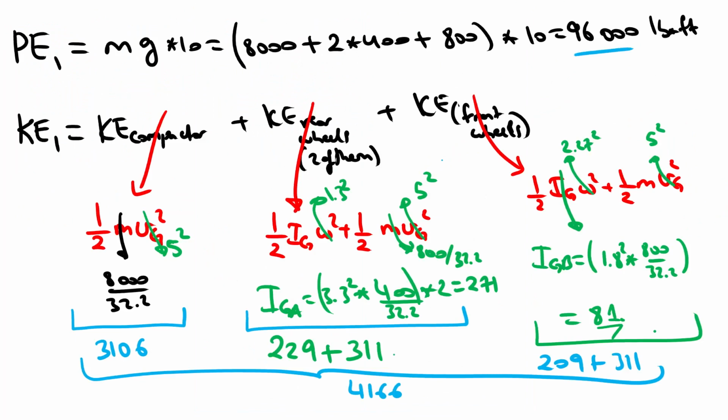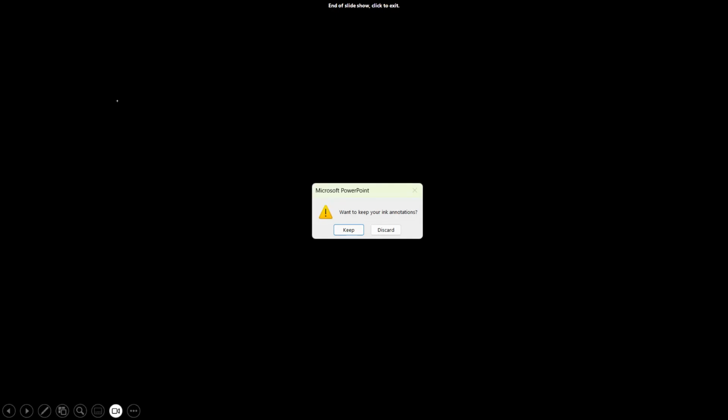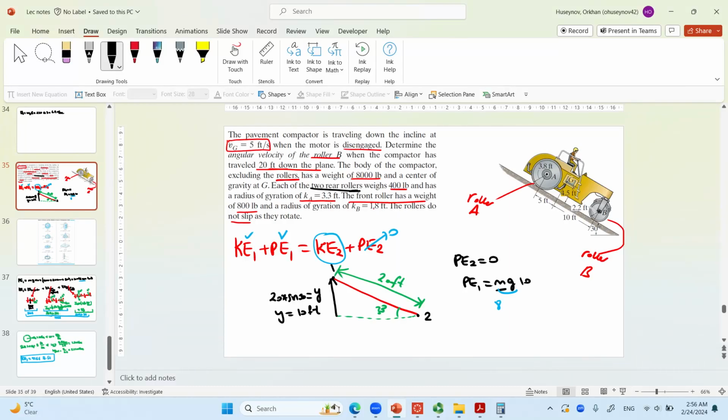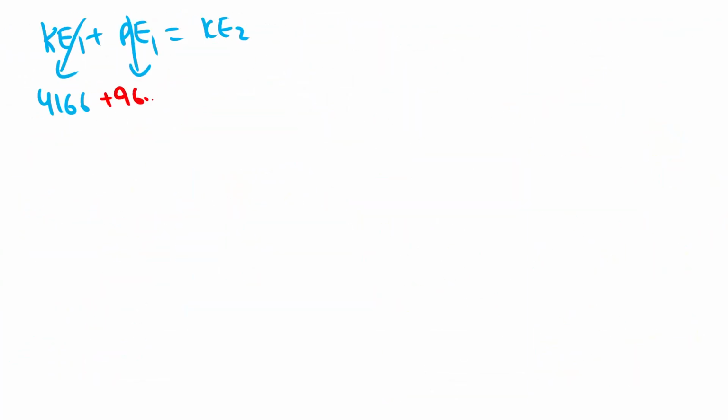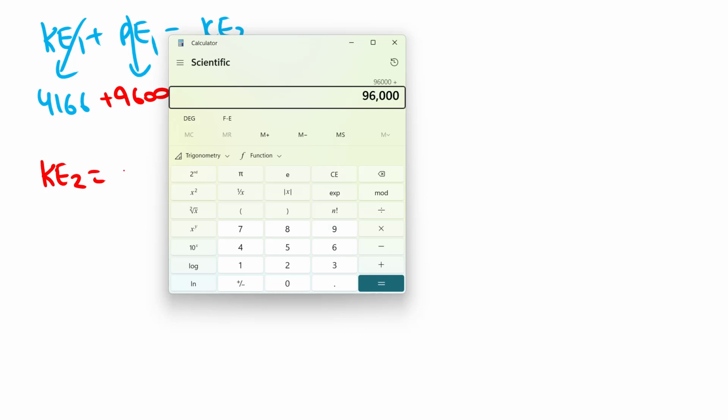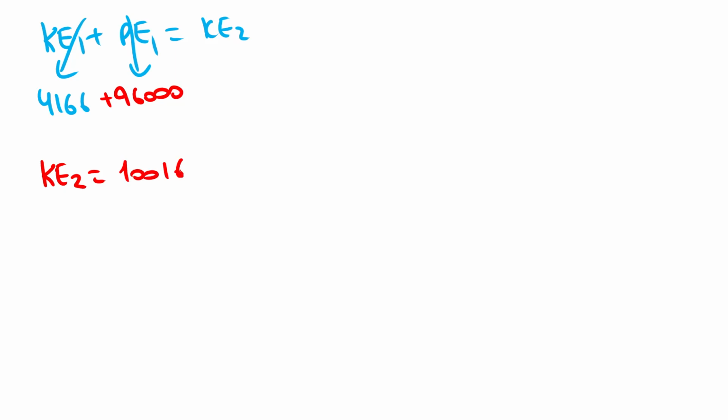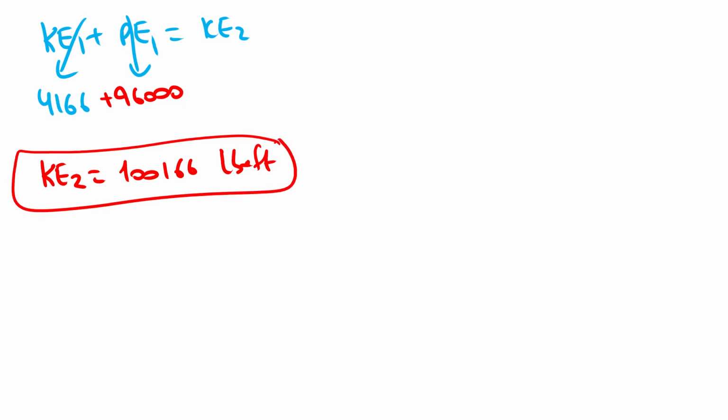So 96,000. Plus 96,000. That will be the kinetic energy at state 2. So let's add them. And then from here we will find the velocity in the next recording.